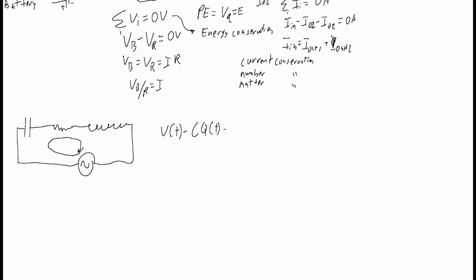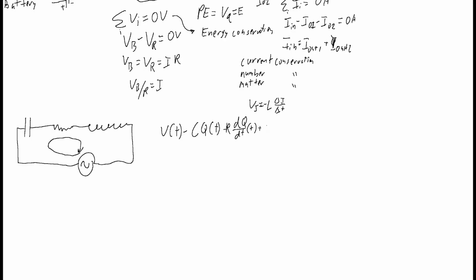Current is a change of charge, so that's actually dQ/dt as a function of time, times the resistor, minus the, actually, I believe, yeah, because the voltage of the inductor is equal to minus L change of I over change in time, that means that this minus here makes this a plus.